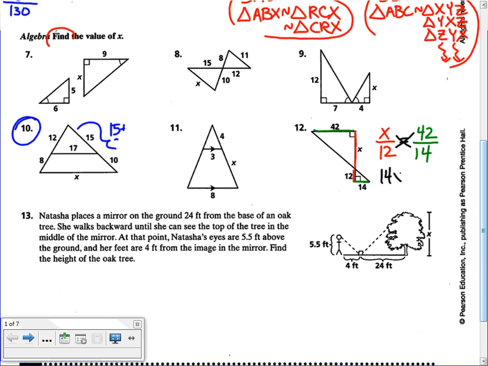I get 14x is equal to 12 times 42, which is 504. And I can divide both sides by 14, and I get x equal to 36. So the answer to this one is 36.